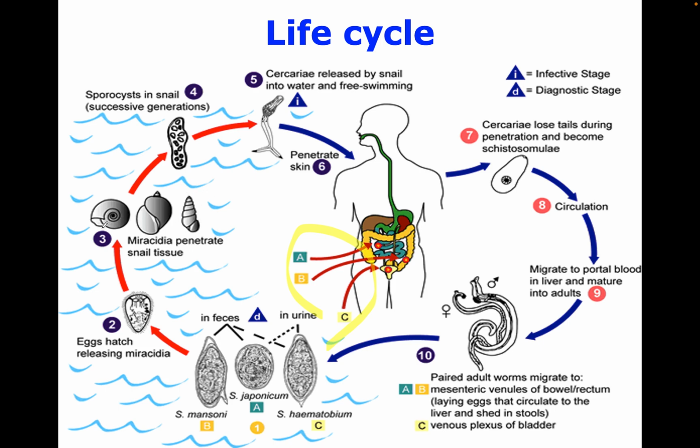They penetrate the snail tissue, and inside the snail tissue they will develop. The sporocyst is developing in the snail, and they have successive generations, and then they will develop into cercaria, and the cercaria will be released into the water, and they are free swimming.